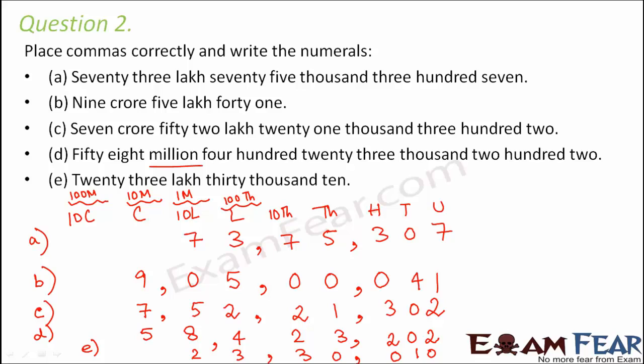So this is 23 lakh 30,010. So basically whenever you have to write in numerals, first you write down the positioning of the digits like unit, tens, hundreds, thousands, etc. Depending on whether it is the Indian system or the international system, you write the positioning accordingly, and then just reading the name, you start putting the digits at their appropriate places.